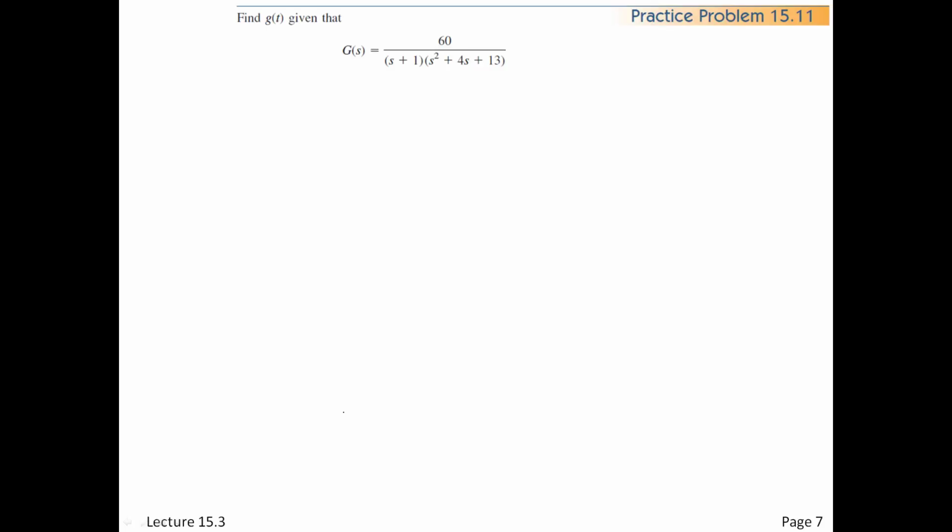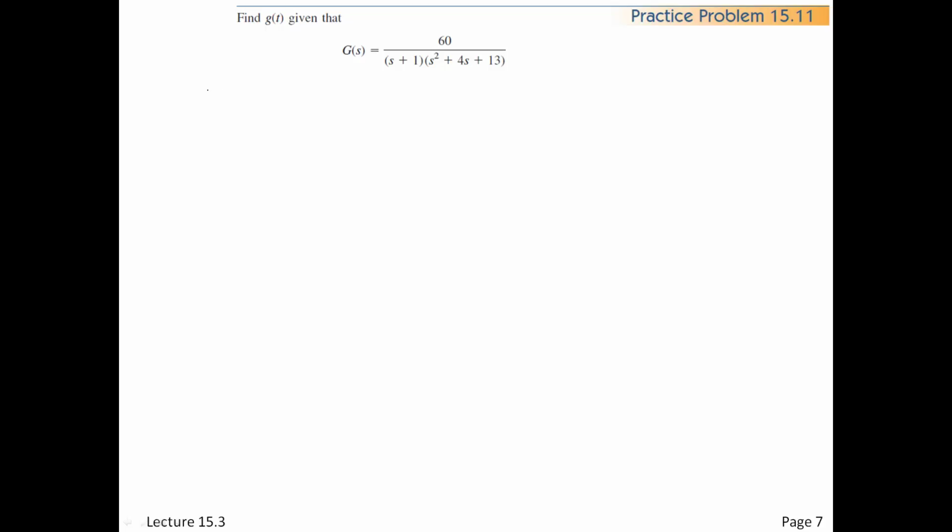Okay, let's do one last one. And it will be this. I took this one from the 5th edition, so we got 60 over (s plus 1) times (s squared plus 4s plus 13). So here we're going to get to try yet another technique. And again, there are multiple ways to solve these, right?